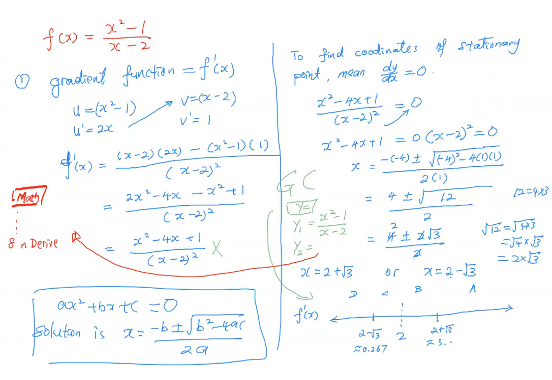The moment you select number 8, your calculator will come out like that. You select your n derive. Everyone, your calculator will come out like that, correct? Then there is a bracket here, then a box, then equal, then a box, correct?